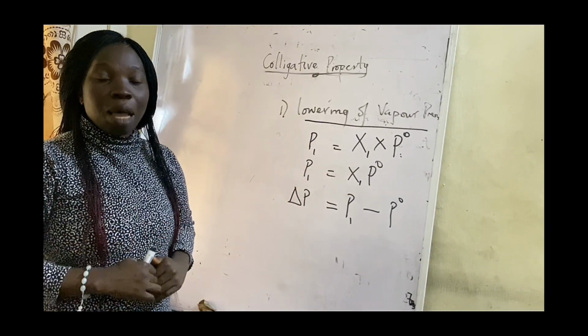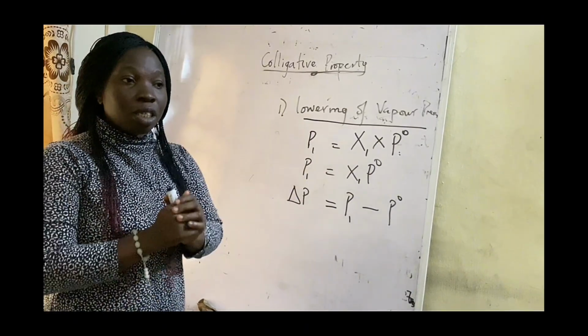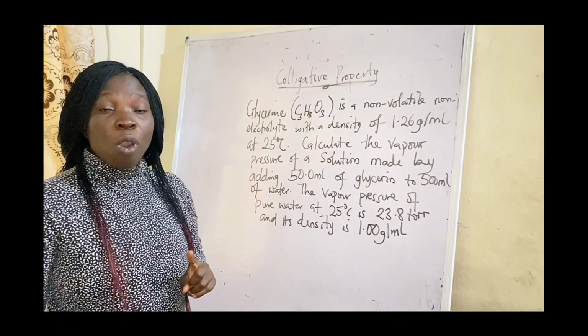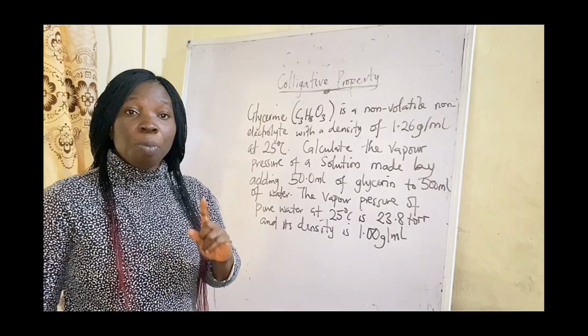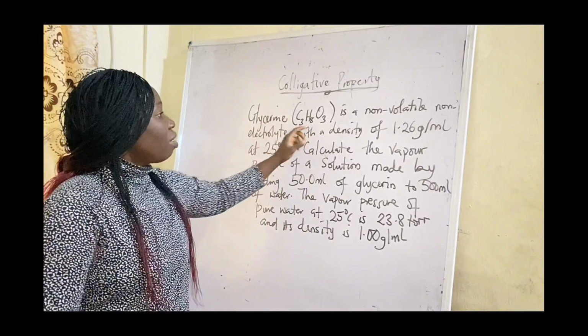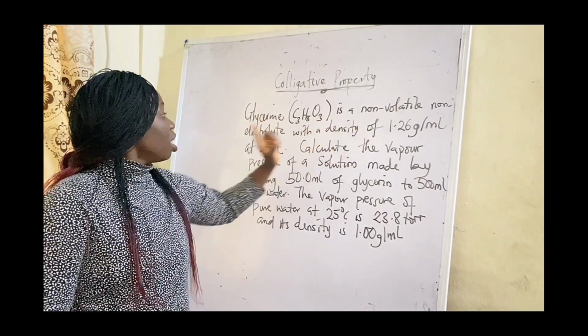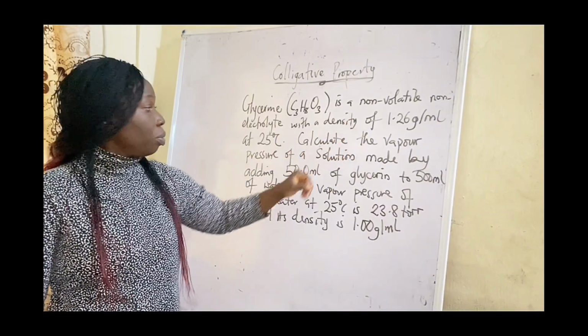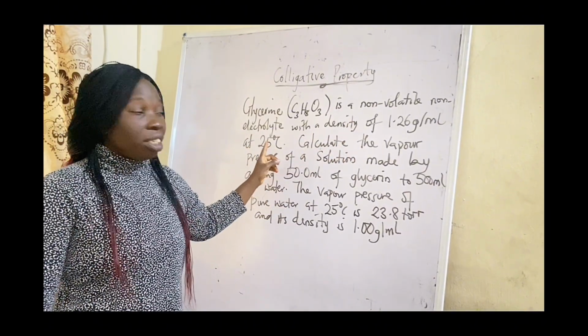Now we will take examples of how to calculate this lowering of vapor pressure. Glycerin is a non-volatile, non-electrolyte with a density of 1.2 gram per ml at 25 degrees Celsius.